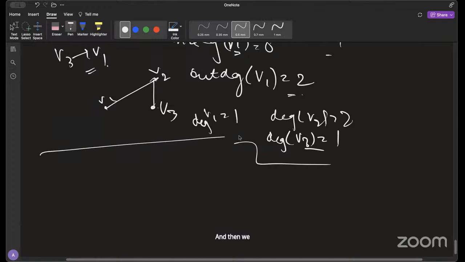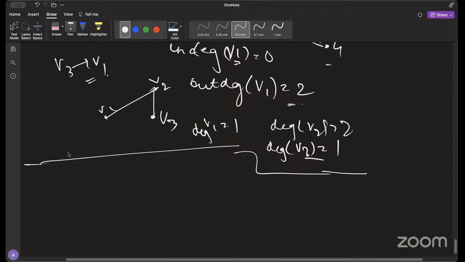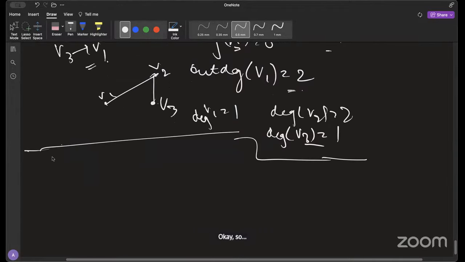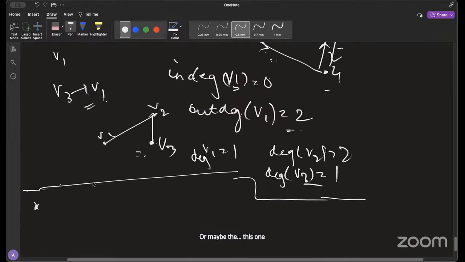And then we have the adjacency list. Ma'am, what is the adjacency list? The adjacency list is basically this thing. Let's just consider this graph, or maybe this one's a better graph.